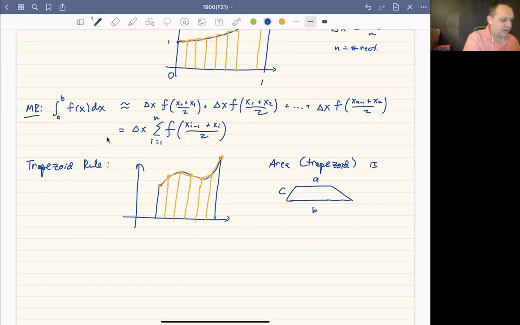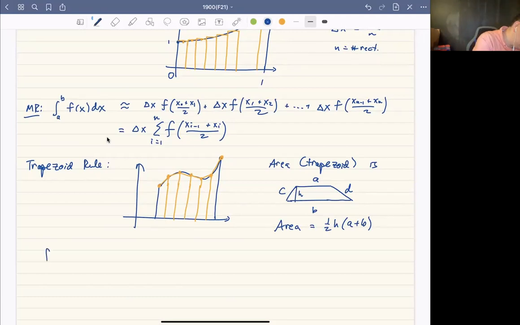Just so it's clear that you can have the two sides being whatever you want, C and D. And it turns out, if we calculate this height H, the area of this trapezoid is going to be 1/2 H times (A plus B). That's the formula that we're going to look at for the trapezoid. So (A plus B) over 2 times H. And so we're going to apply that in our case.